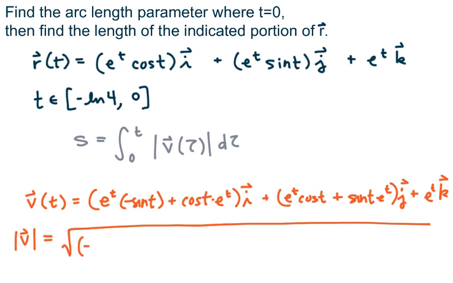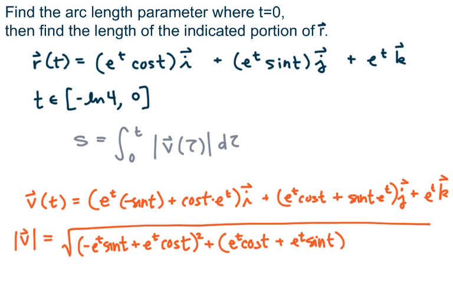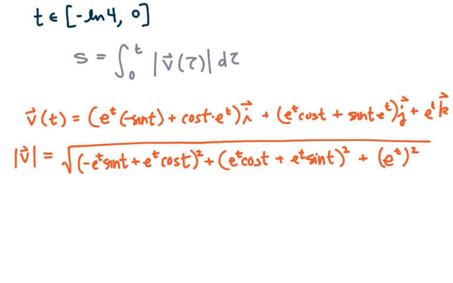So negative e to the t sine t plus e to the t cosine t, quantity squared, plus my y component, and that would be e to the t cosine t plus e to the t sine t squared, and then plus my z component, e to the t squared.